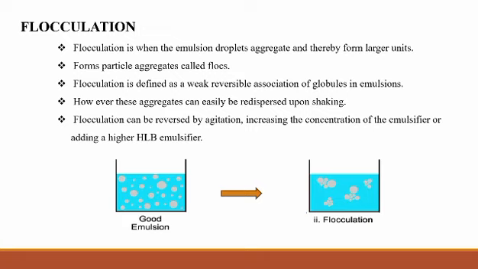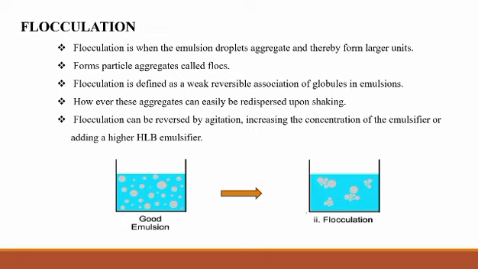But in flocculation, we can see the dispersed globules are joined together or aggregated to form larger units. Each globule is joined together, but they don't become a larger globule; they form only larger units by forming connections. These larger units are called flocks. Because of that, it is known as flocculation.